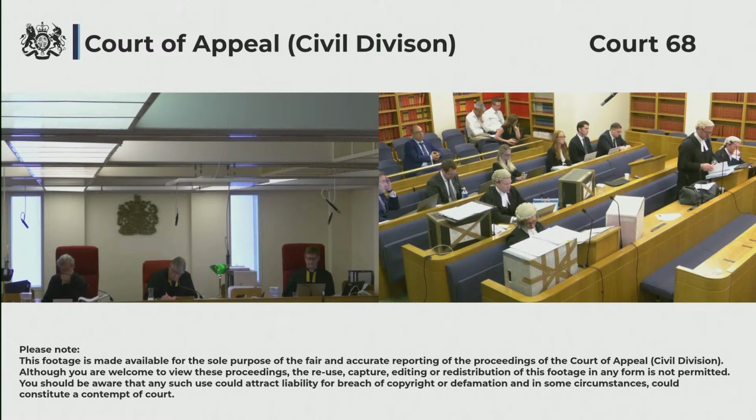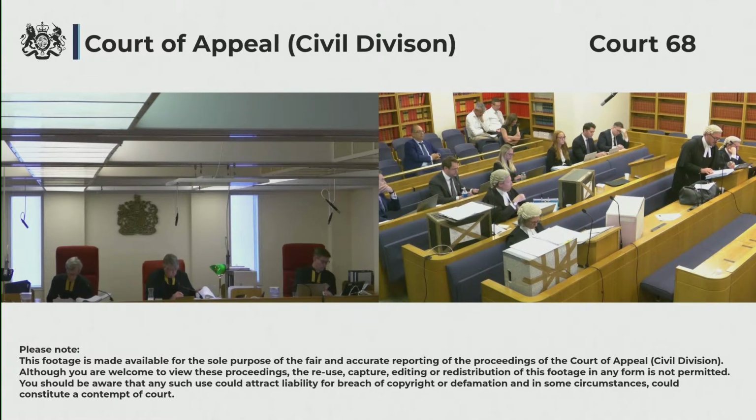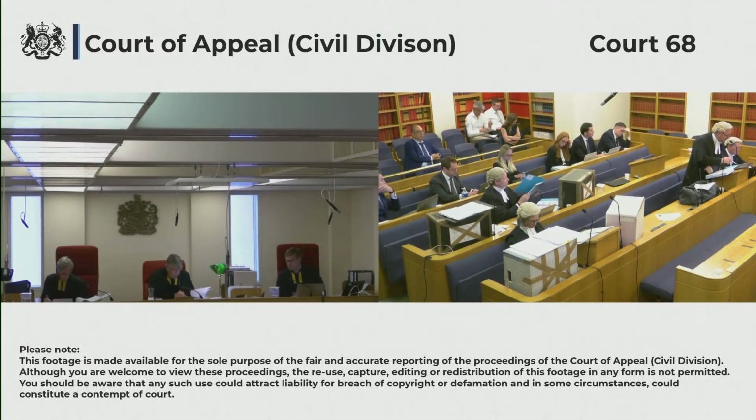So with that introduction, what I propose to do is, the grounds of appeal on infringement are relatively short. I should be able to take them in fairly short order. So the first, ground 5, you'll recall, is the Easy Life second mark.